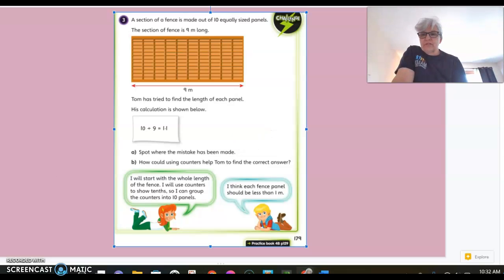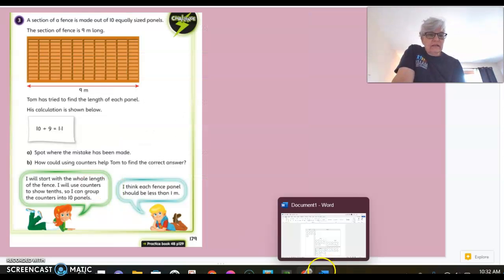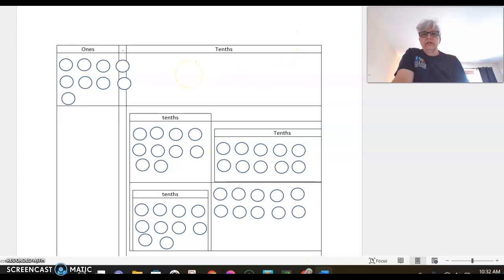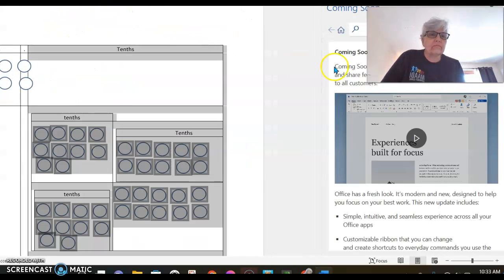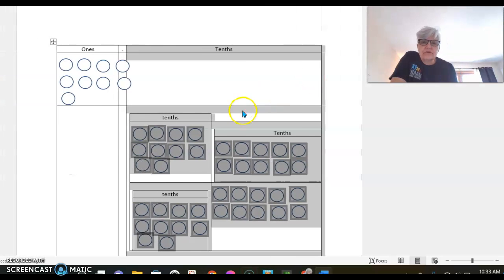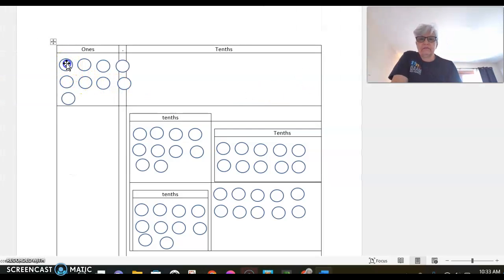All right, so what we're going to do is look at this, and I have created for you a grid showing this. So here we've got 9 ones. This represents the length of it. We want to divide them into 10 pieces. So we need to make exchanges. For each one like this, we have 10 of these.